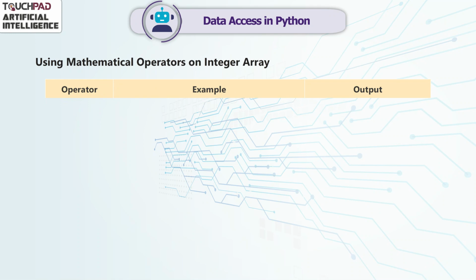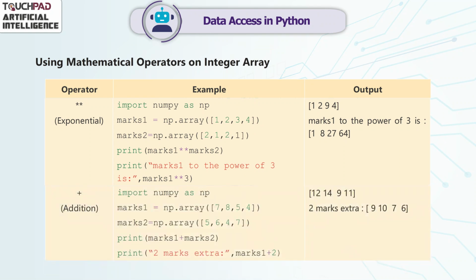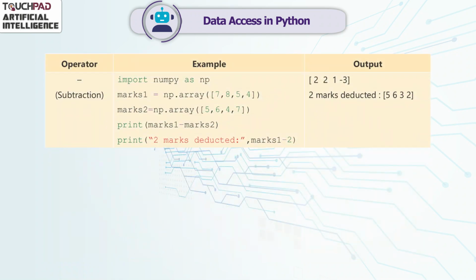Operator, example, output. Exponential: marks to the power of 3 gives 1, 8, 27, 64. Addition: 12, 14, 9, 11. 2 marks extra: 9, 10, 7, 6.